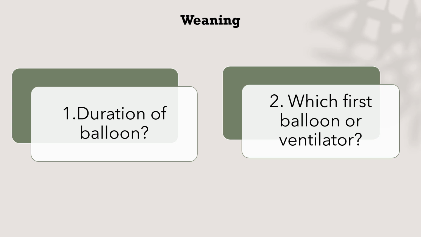The other question: which should be removed first, the intra-aortic balloon or the ventilator, whichever the patient is ready for. If the patient is ready for balloon removal, we can remove the balloon, then after 8 hours we reassess the patient for removal of the ventilator, or the reverse.